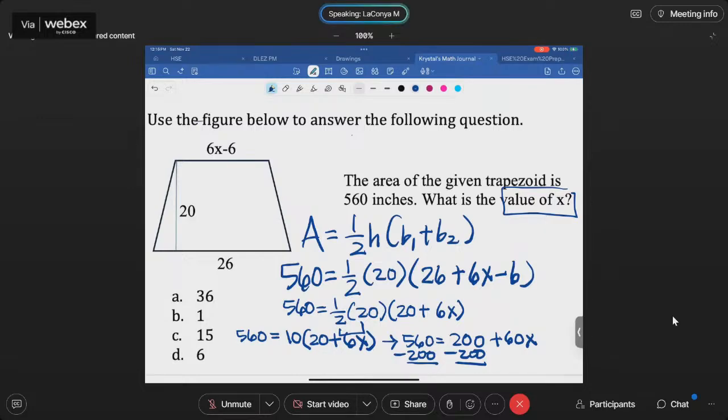And it'll be 360 equals 60x. I'm running out of space. I'm going to move it over here, actually, I'm going to move it to the top.